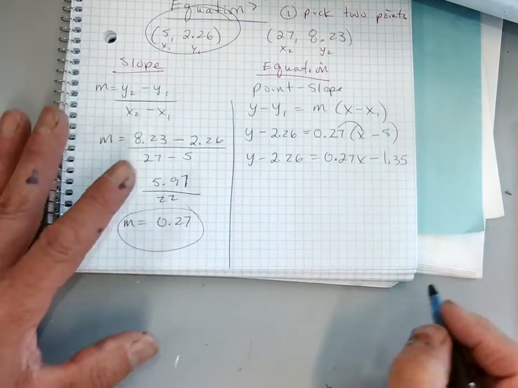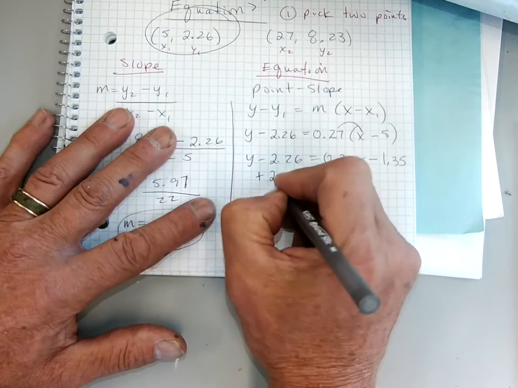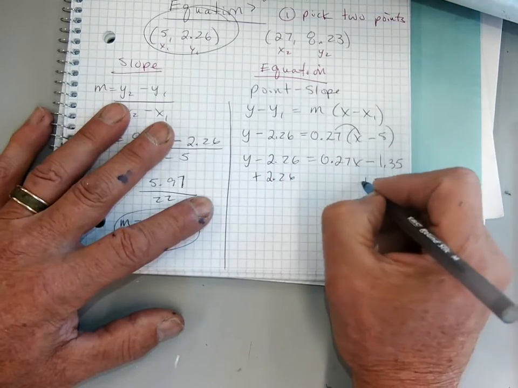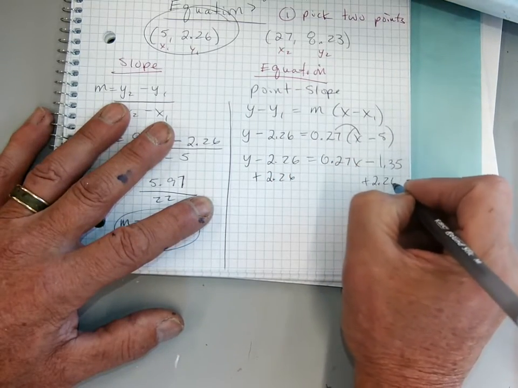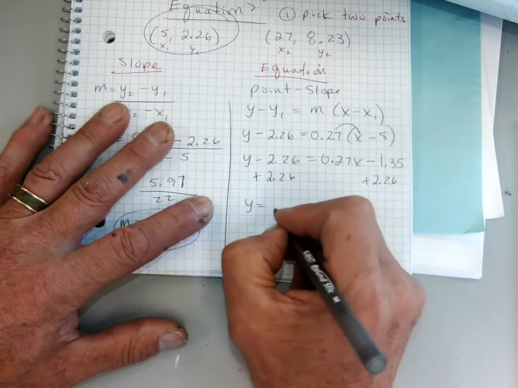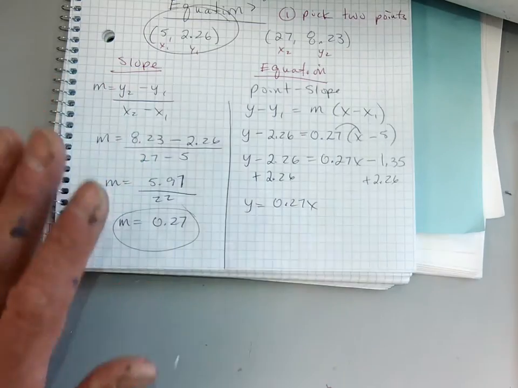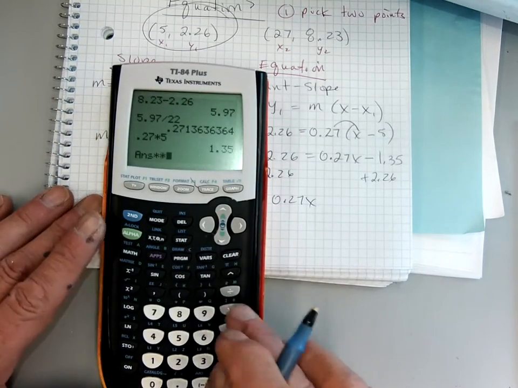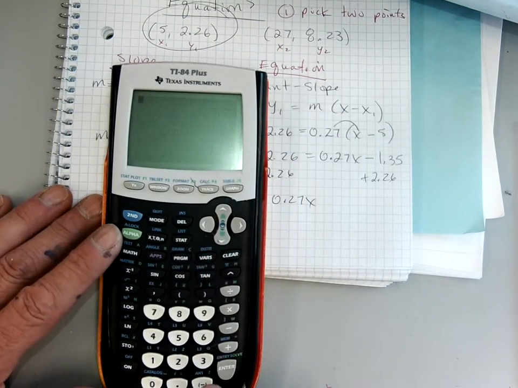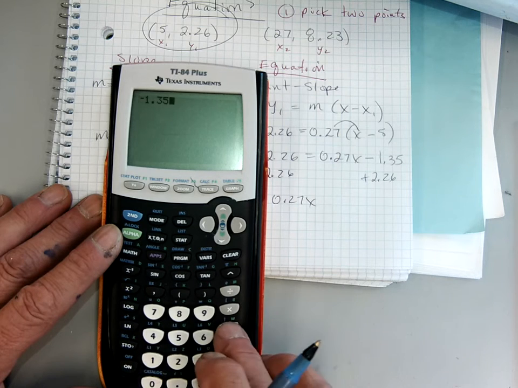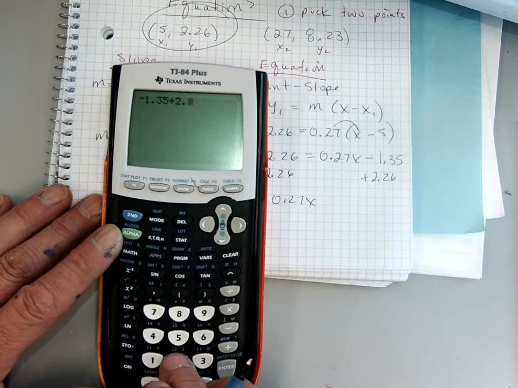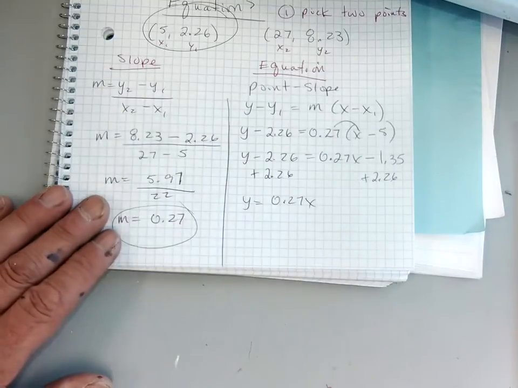And then I'll add 2.26, and I'll have an answer of y equals 0.27x minus 1.35 plus 2.26, which is about 0.91.